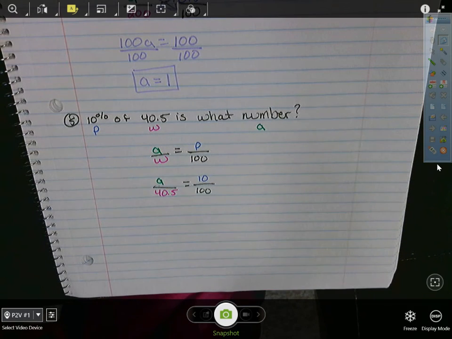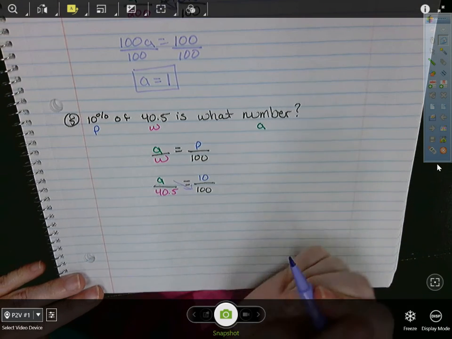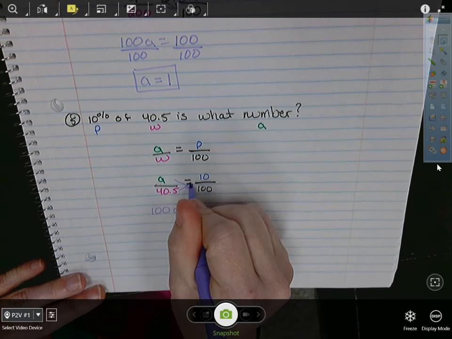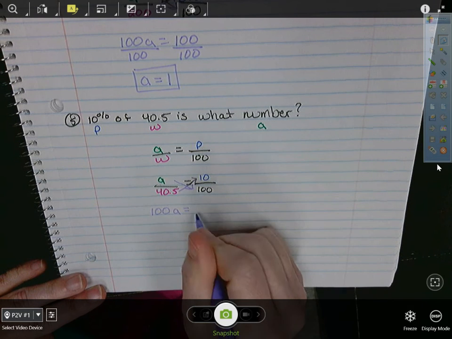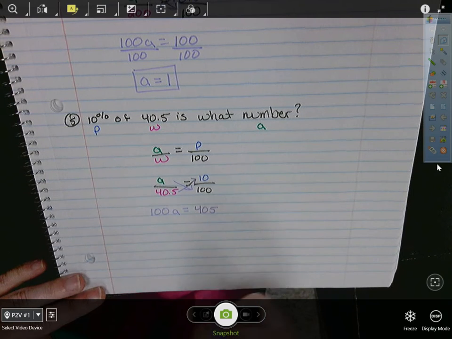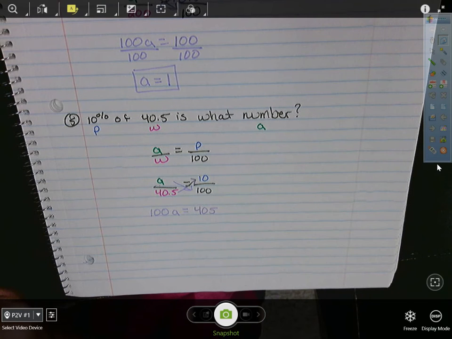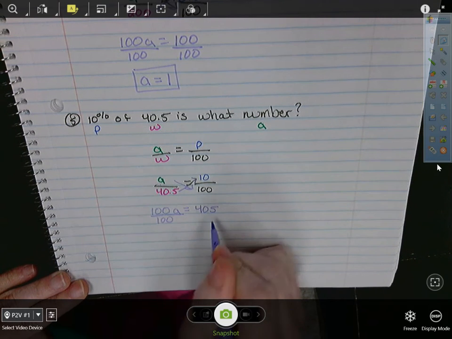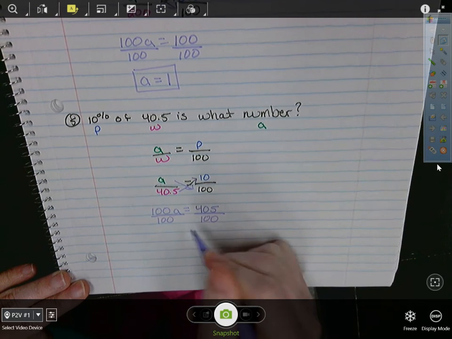Okay, and now we cross multiply. A times 100 is 100A. 40 and a half times 10, that would be 405. Then we divide by 100. These cancel.